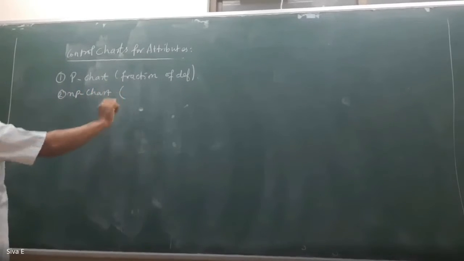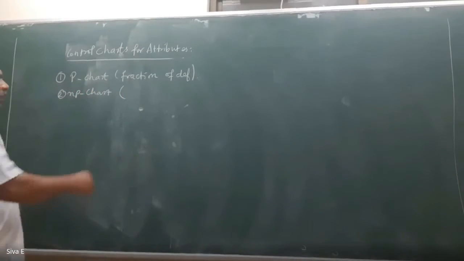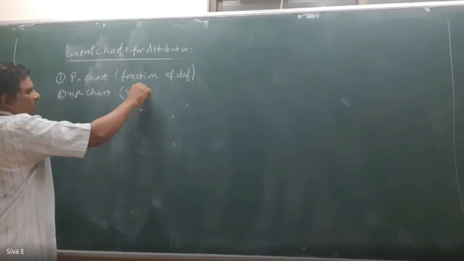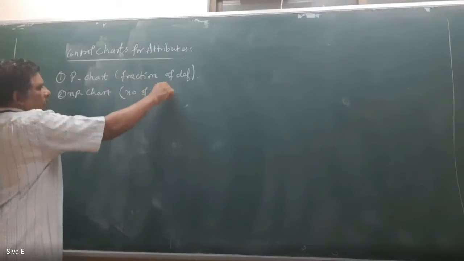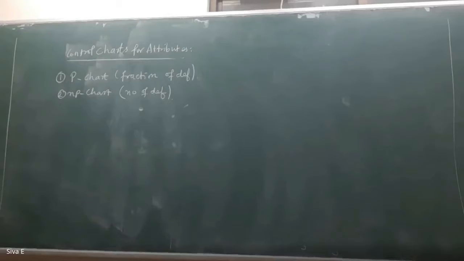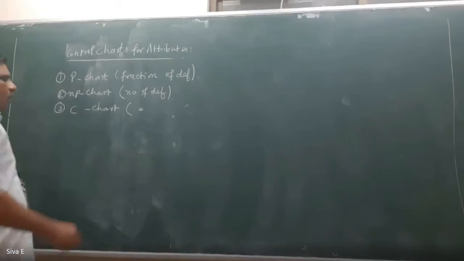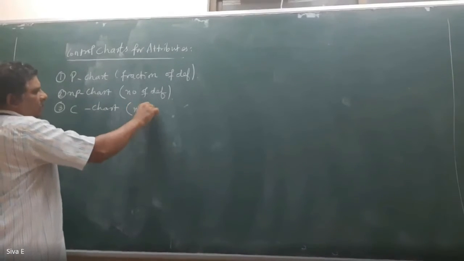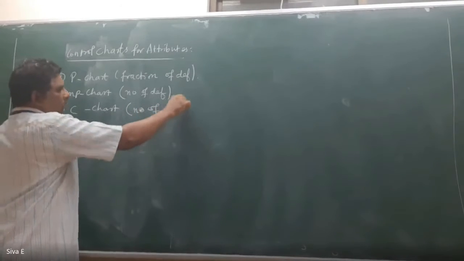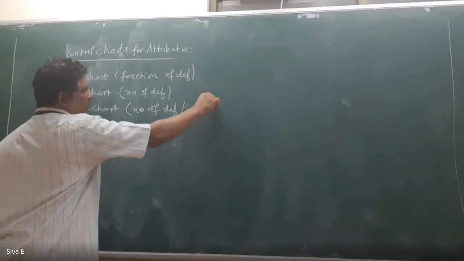The NP chart is the control chart for number of defectives. The third one is the C chart, the number of defectives per unit.